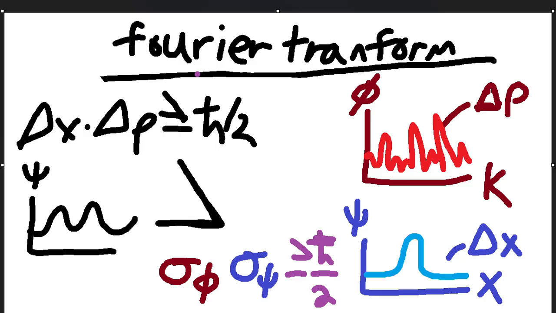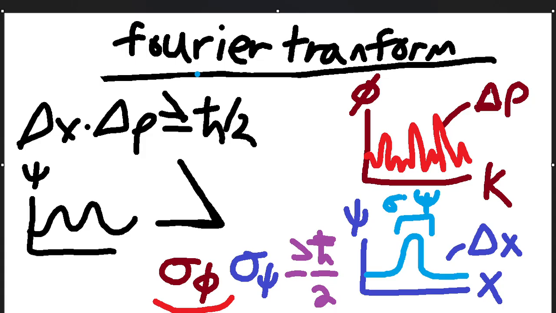And for instance, this value is loosely related to how spread out the function is. As you can see here, sigma psi is equal to not a very big number, and so this value is not spread out.